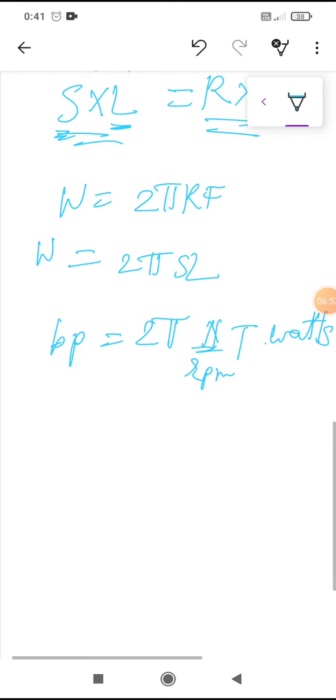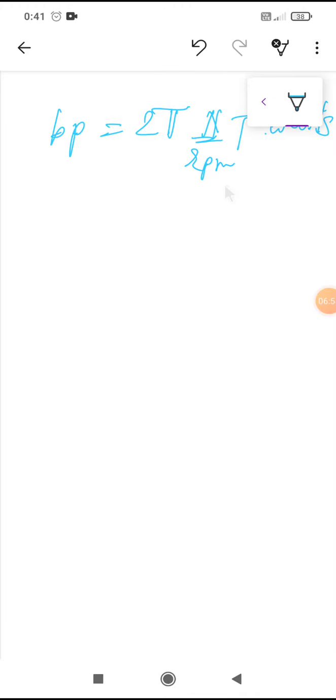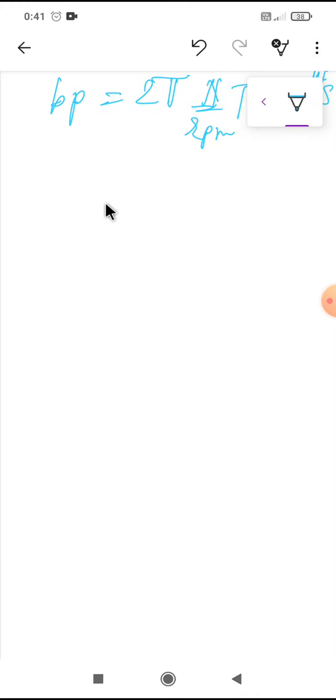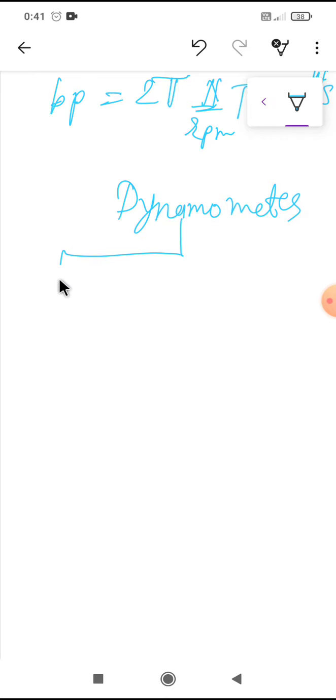There are many types of dynamometer, so I will just list the classification. Dynamometers can be divided into two types: absorption and transmission type.